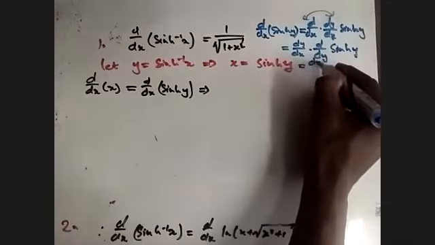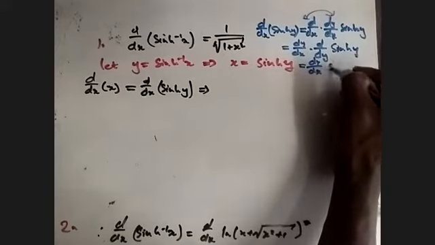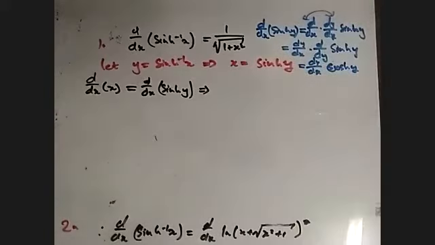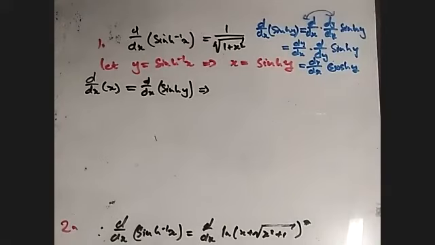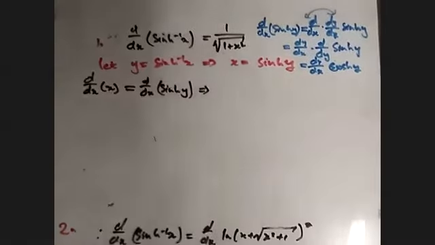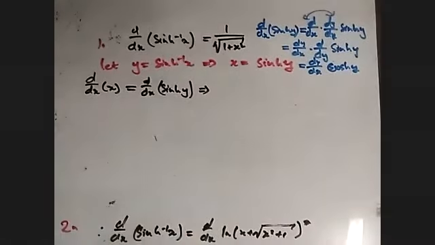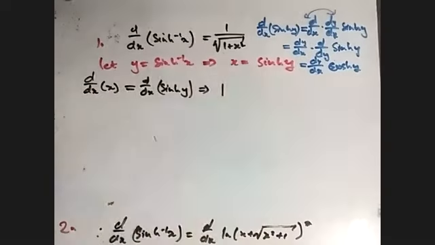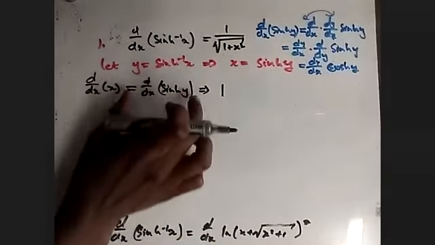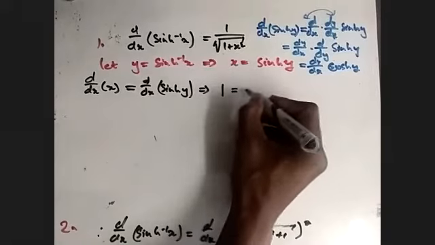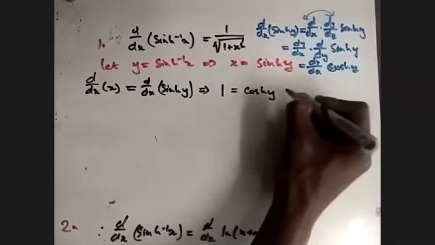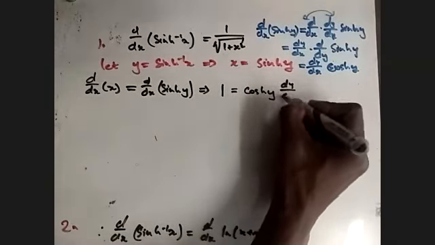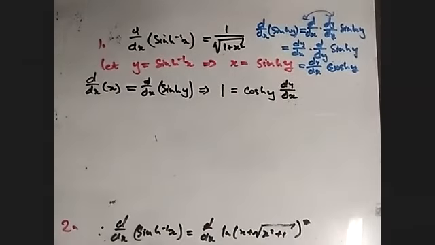So we're going to have dy dx cosh y. So meaning that the differentiation with respect to x of this thing will just be equal to 1. And then the differentiation with respect to x of this thing would be equal to cosh of y multiplied by dy dx. Are we fine, guys?